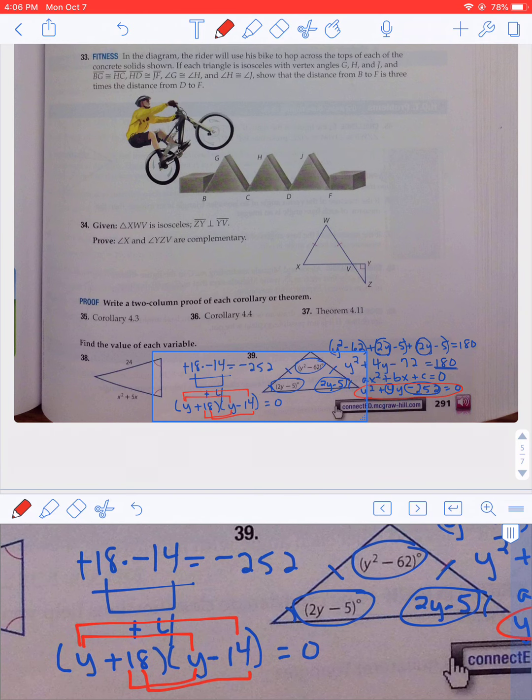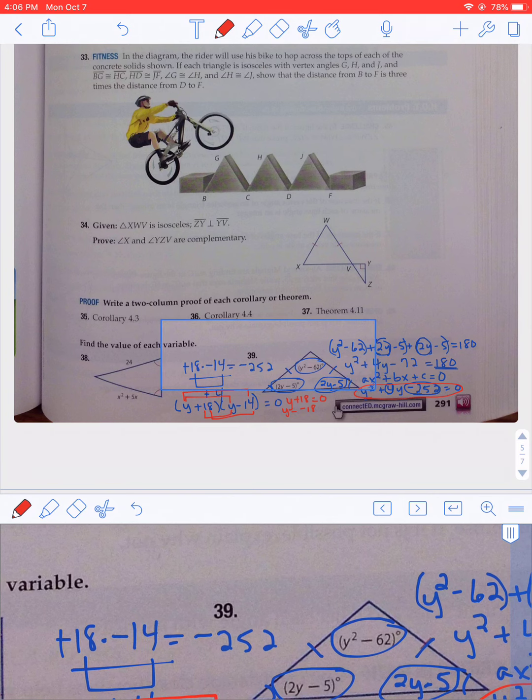Okay, so now here's where my answers come in. In order to finish this out, I would get y plus 18 equal to 0 and solve for y, and I'd subtract 18 on both sides and get negative 18. And then the second one, I'll continue up here, was y minus 14. Set that equal to 0, and I'll realize my answer will be 14.